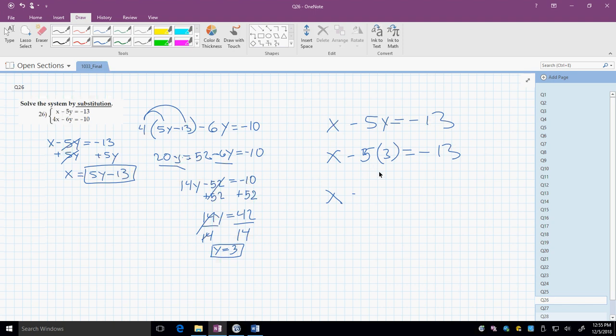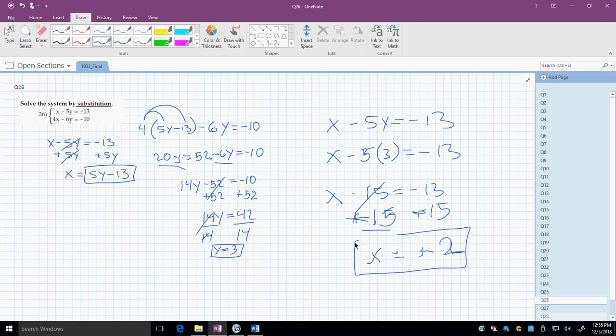So x equals 15 minus 13. Add 15 in both sides. Cancel. I have x equals positive 2. So that's your answer. 2, 3.